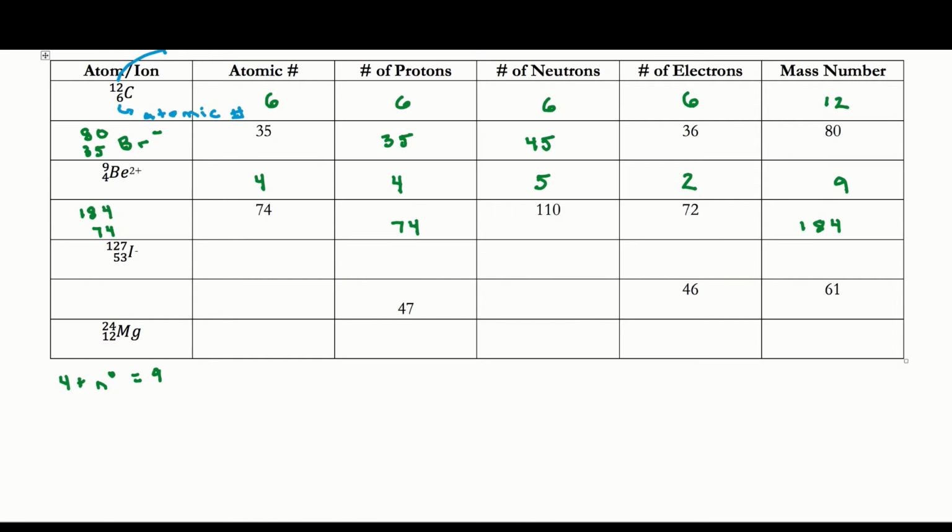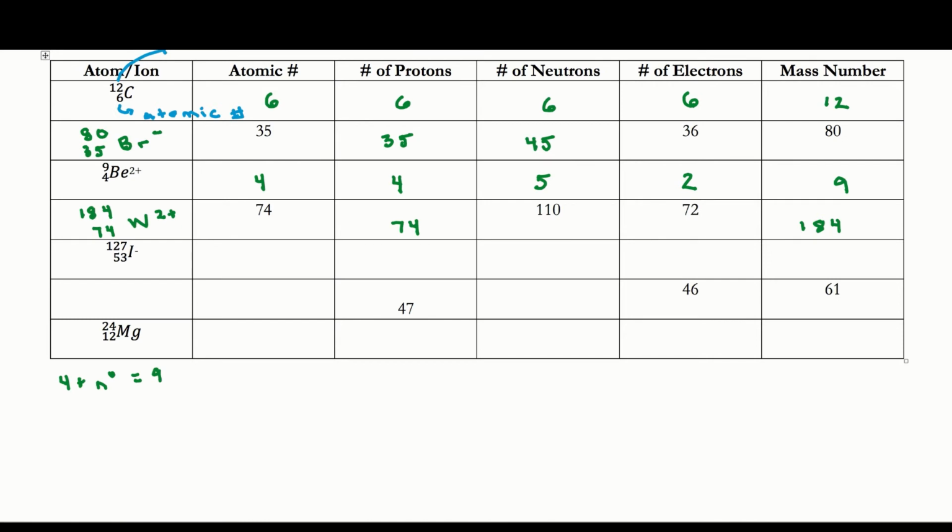Okay. Now I need to look on my periodic table. What has an atomic number of 74? Tungsten, just W. Okay. And the last thing I need to look at is the charge. Well, I have 74 protons and 72 electrons, which means I have 2 more protons than electrons. So since I have 2 more protons than electrons, that means that my charge is going to be 2 plus.